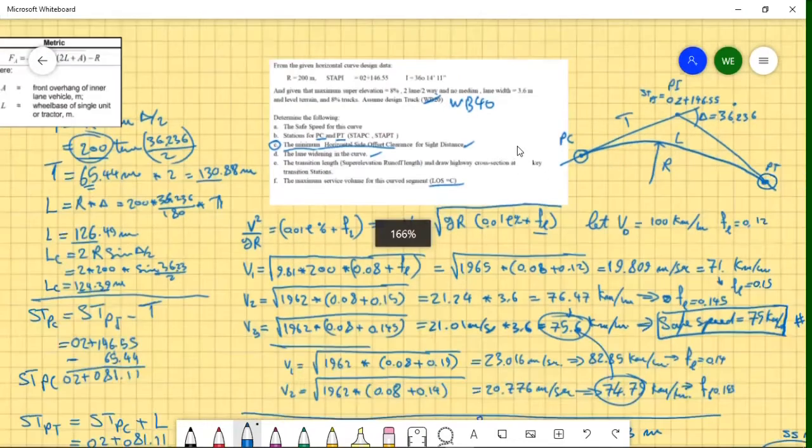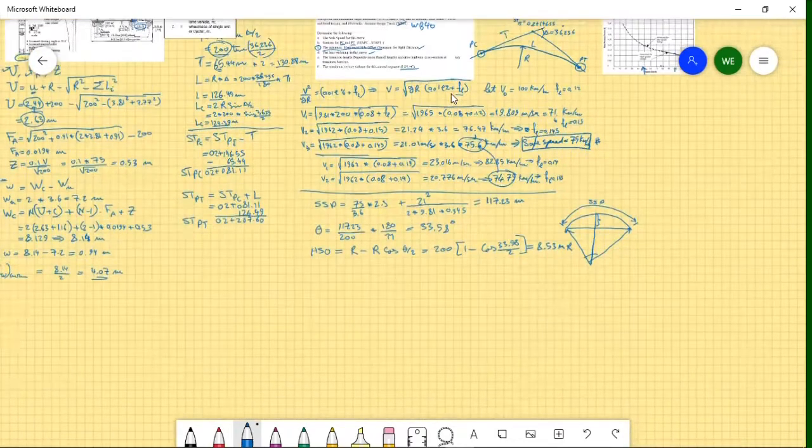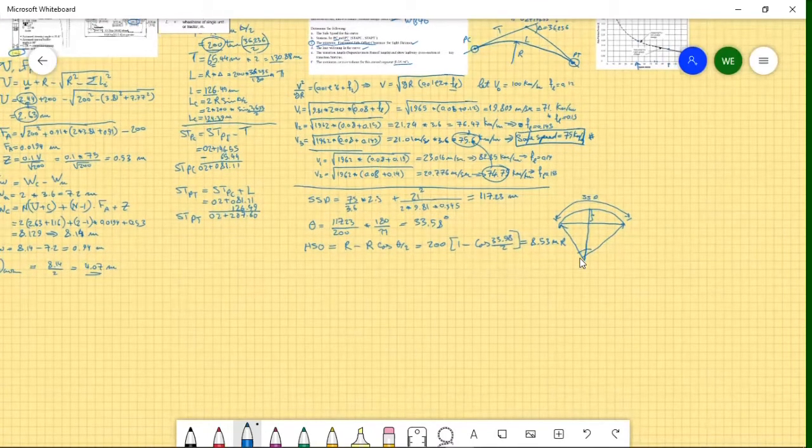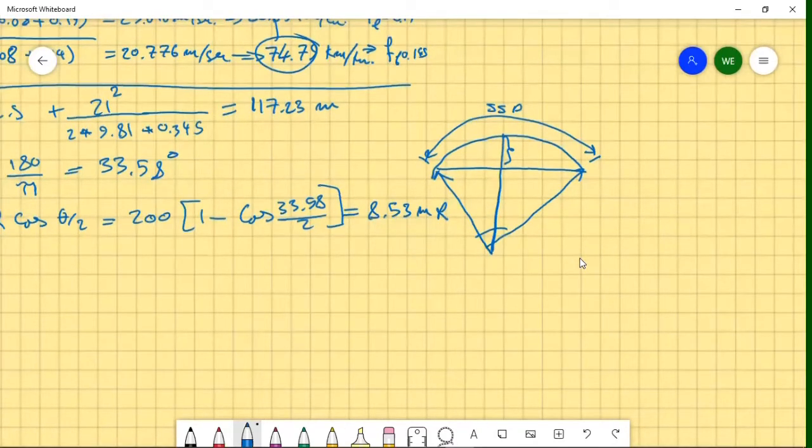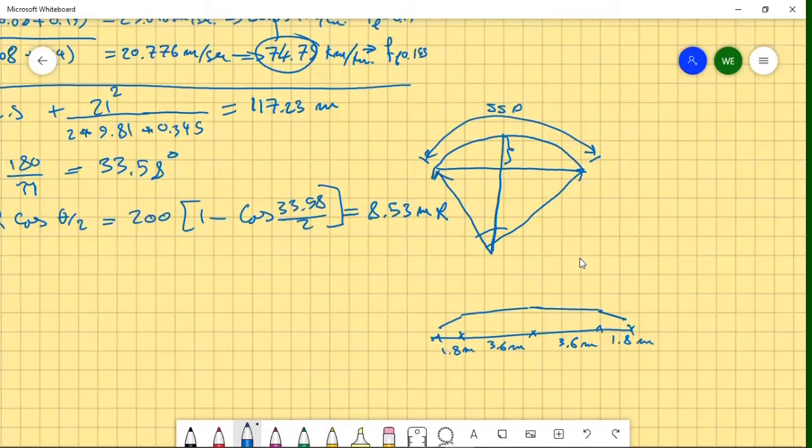Out of the travelway, if we say, for example, that the original cross section of this road was something like this, we have 2 shoulders and 2 lanes, and here 1.8 meters, here 3.6 meters, and 3.6 meters, and here 1.8 meters.